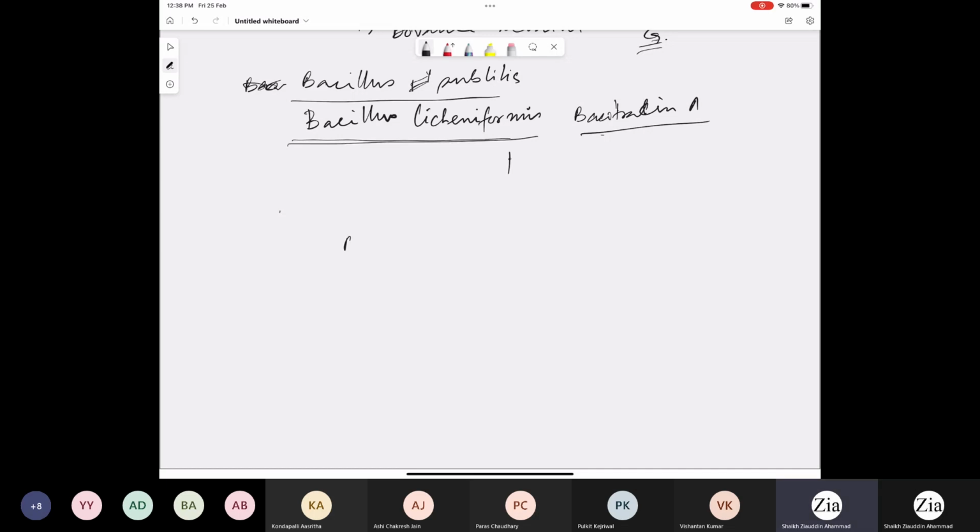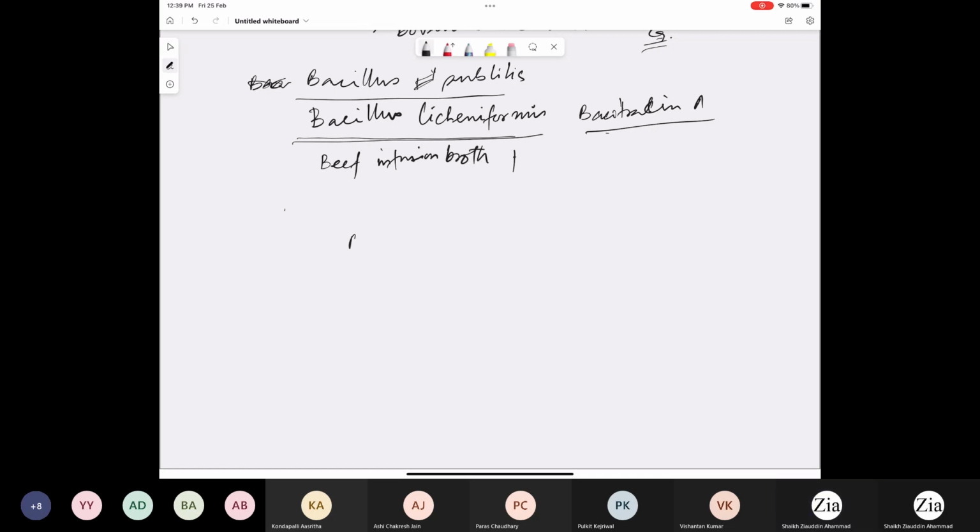It also has some benefit: it will provide sufficient nitrogen and carbon, and it will also inhibit some hemolytic streptococcus. Because if you have a chance to get any other contaminant, it will still not allow the hemolytic streptococcus.